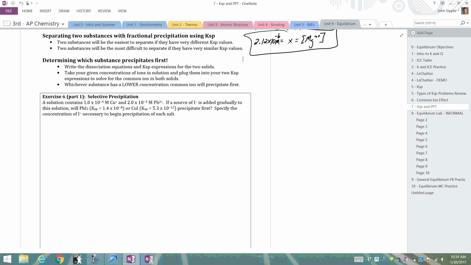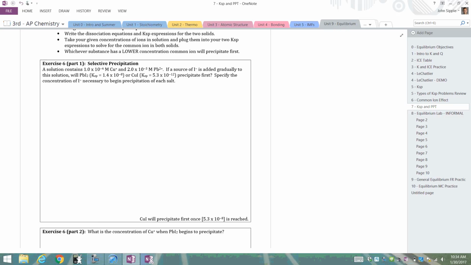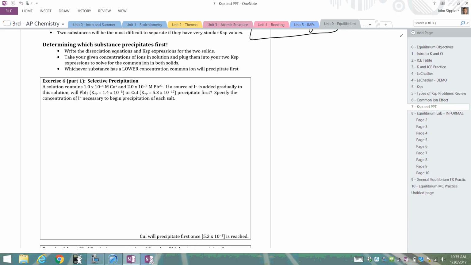All right. This is more or less the problem that you're going to get, and one that's going to be more useful here. The deal is, we have a solution. It's got copper ions, it's got lead ions. And we're going to add iodide to it gradually.